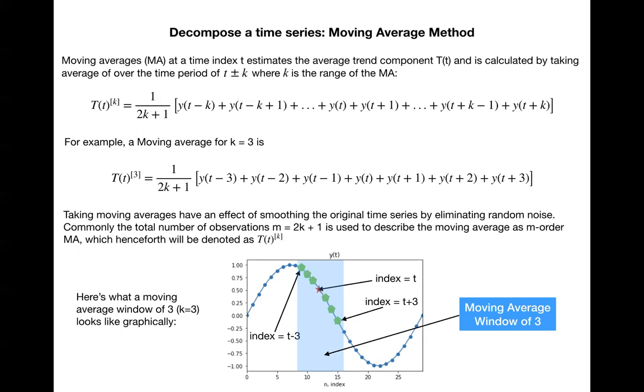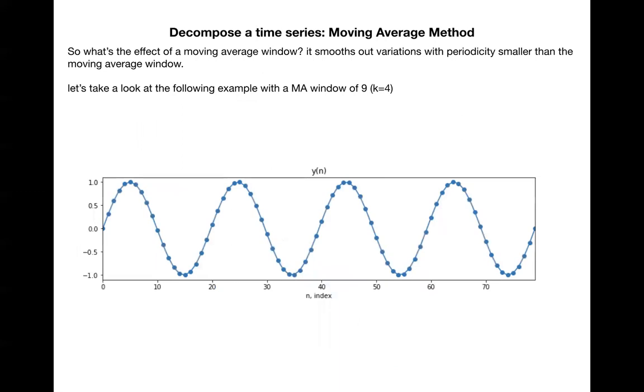Let's see how it works. What's the effect of doing such a moving average by averaging K data points ahead of you and behind you? It smooths out variations with periodicity smaller than the moving average window. Let's take a look at an example with a moving average window of 9, so K equals 4.